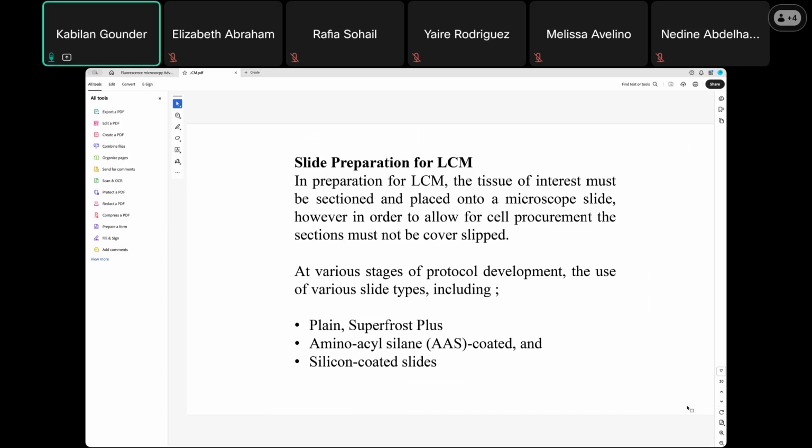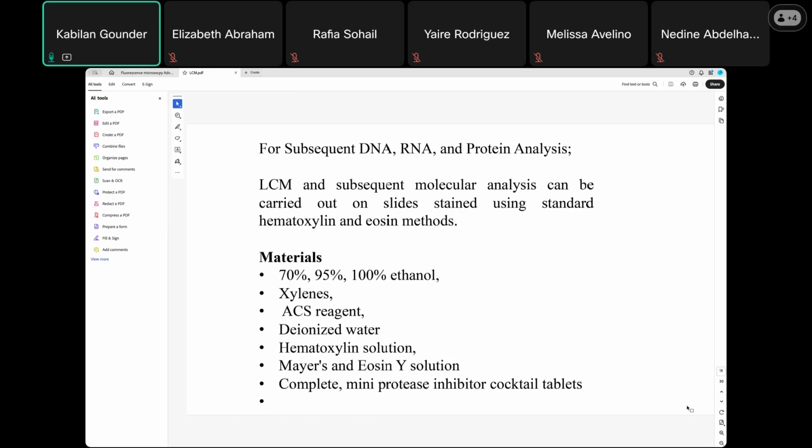Silane or silicon coated slides are also good. Once you isolate the cells, then subsequently you can isolate the DNA, RNA, and protein from that. The laser capture microdissection and subsequent molecular analysis can be carried out on slides stained using the standard hematoxylin and eosin method or the fluorescence methods.